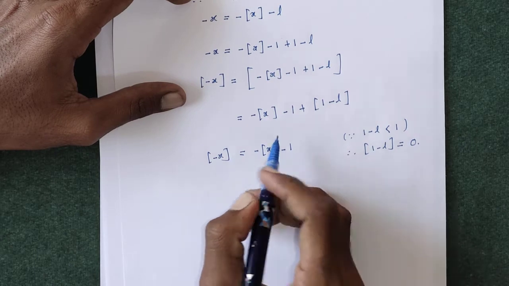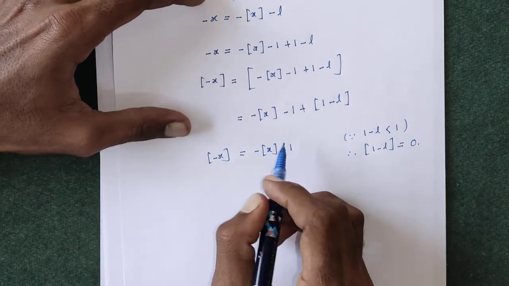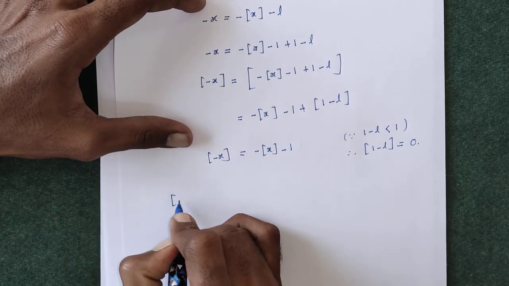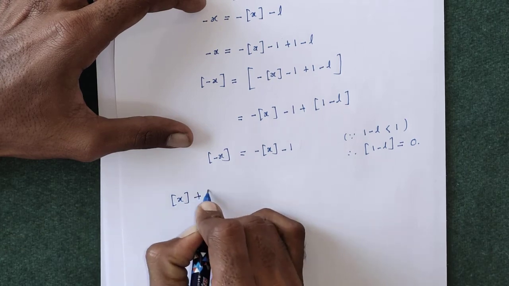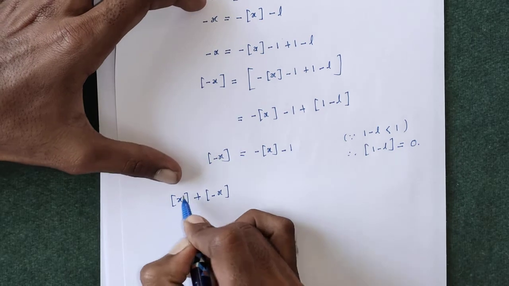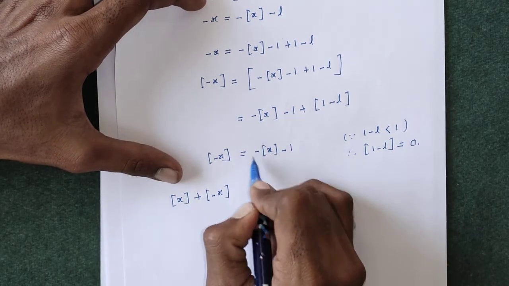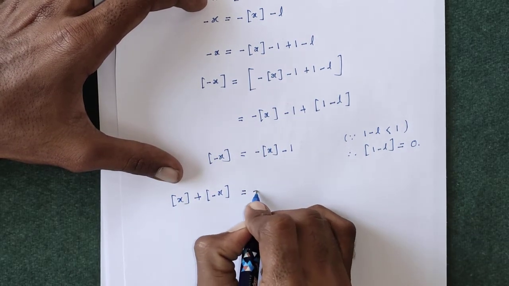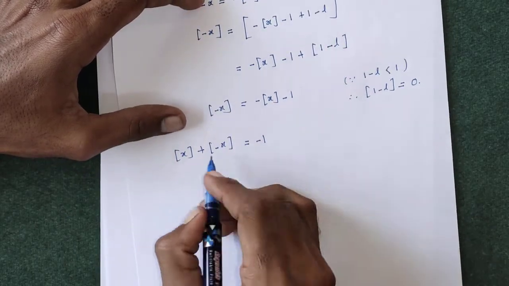Now, adding integral part of x on both sides, we will get integral part of x plus minus of integral part of x. Adding this, integral part of x minus integral part of x will get cancelled, is equal to minus 1.